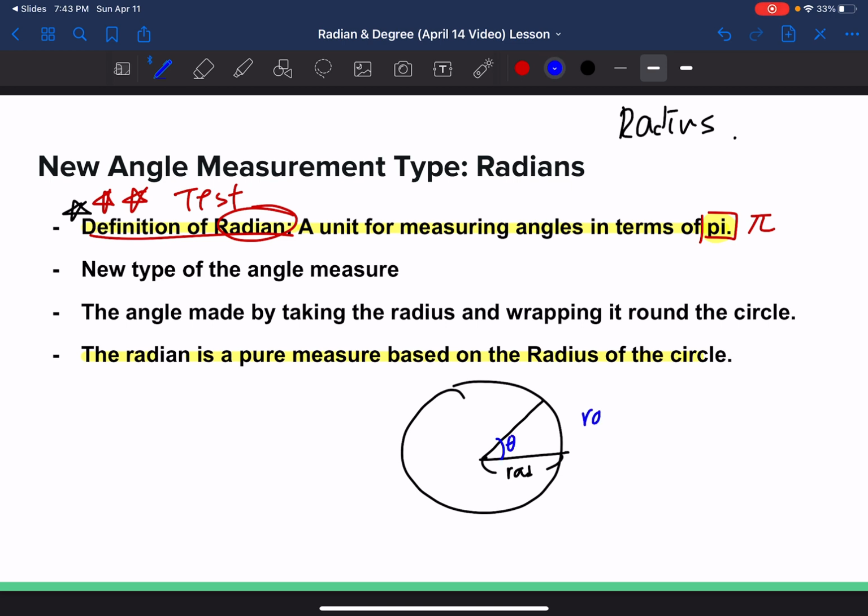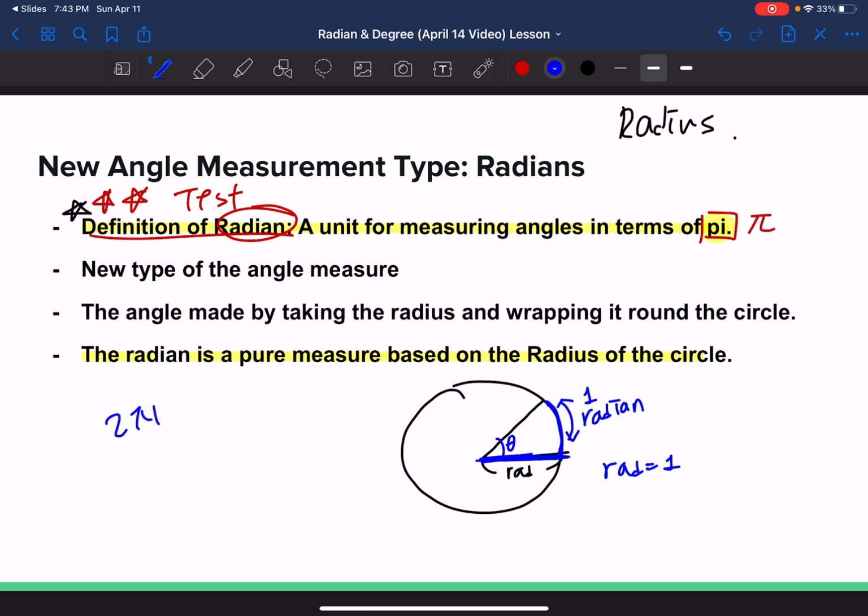This becomes 1 radian because the radian is purely measured based on the radius of the circle. So let's assume our radius is 1. This angle becomes 1 radian. So it basically depends on the radius.